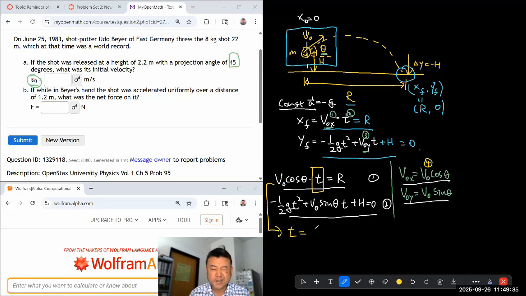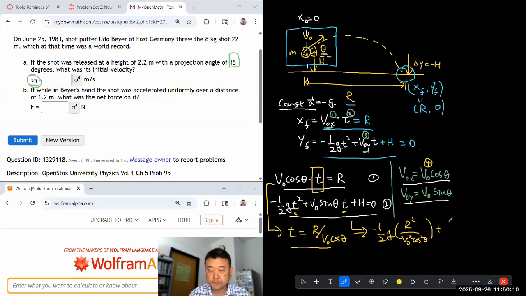That's going to give me R divided by V naught cosine theta. And I'm going to plug this in. The reason I solve for t is so that I can eliminate it from all my other equations. So I can plug this into equation 2. Everywhere I see t, it goes in. Then I end up with minus 1/2 g times t squared, so R squared over V naught squared cosine squared theta, plus, some of the V naughts might cancel out.